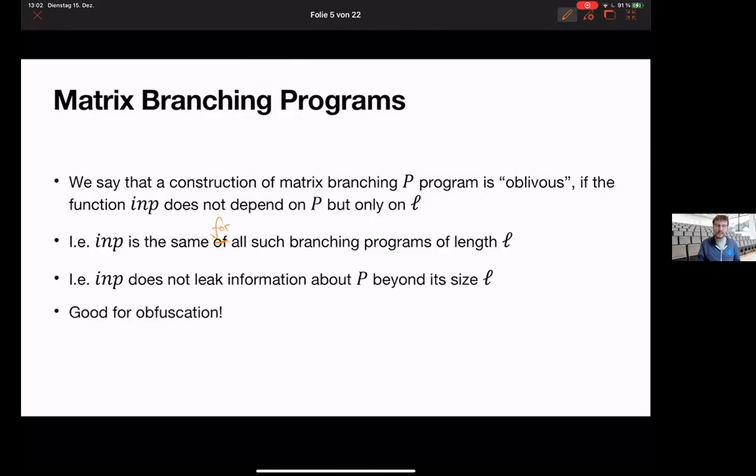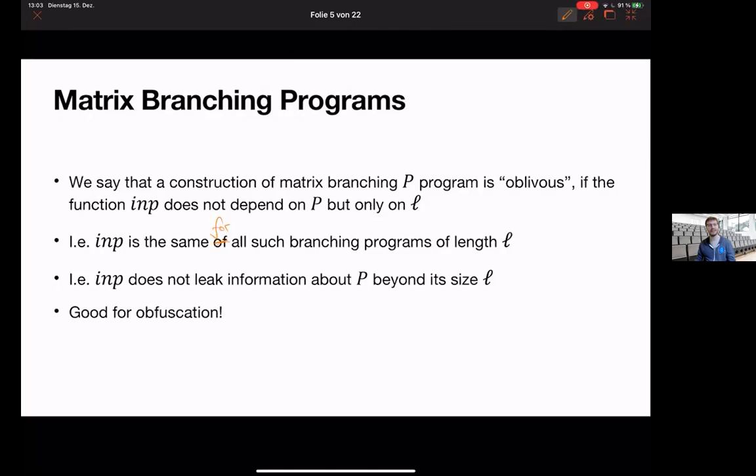When we obfuscate programs, we would really like to leak as little information as possible about the program which we're obfuscating. For such an oblivious branching program, this function imp is always the same, therefore it doesn't leak anything about the program beyond its size.